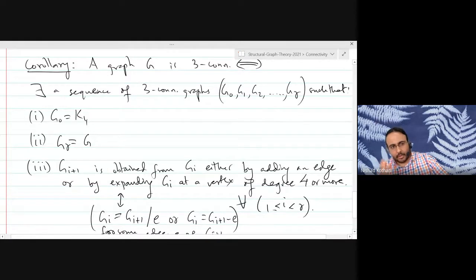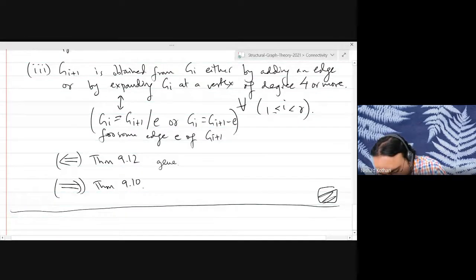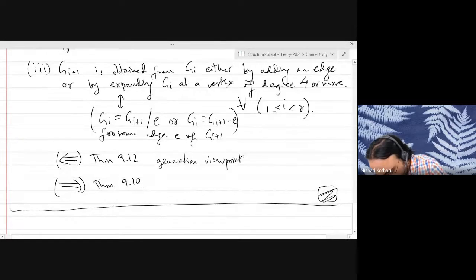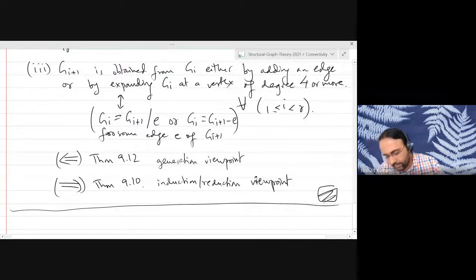Right, so this corollary, as I've stated, has both viewpoints. The reverse direction is the generation viewpoint. That's how I like to call it. And the forward direction, which is more difficult, is the induction, or if you like, the reduction viewpoint, where you take a big graph and you get a smaller graph with the same property, which is 3 connectedness in this particular case.